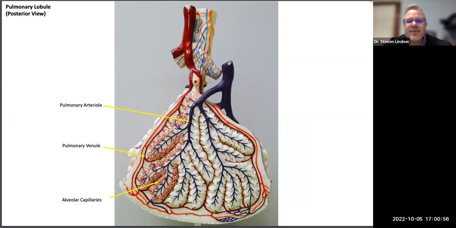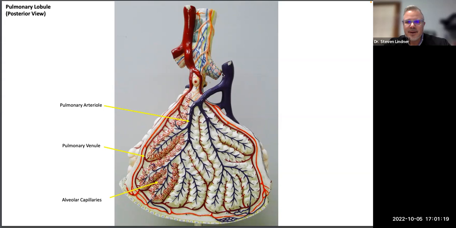And here's just another view from the opposite side, showing the pulmonary vessels. Up here is the pulmonary artery. Here's the pulmonary arteriole. And then on the red side, we can see the pulmonary venule and the pulmonary vein.